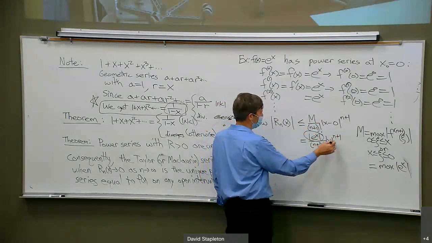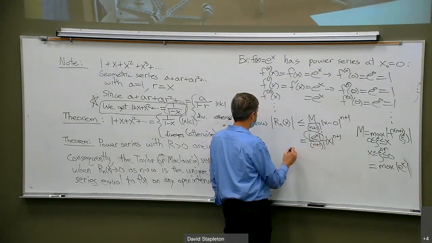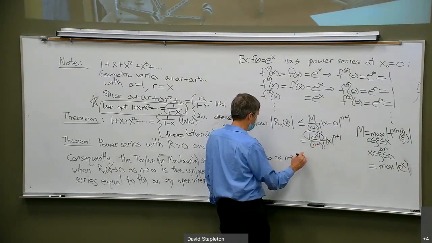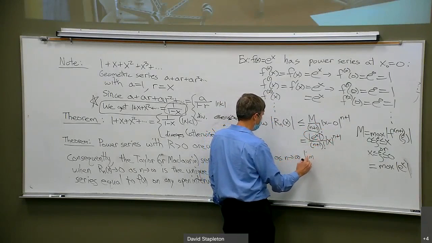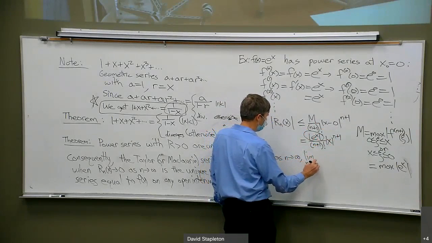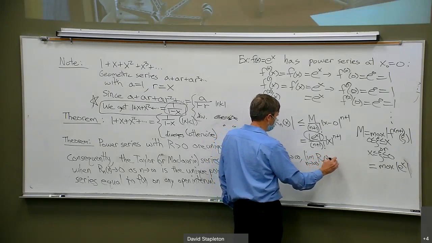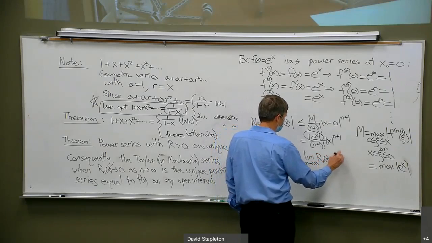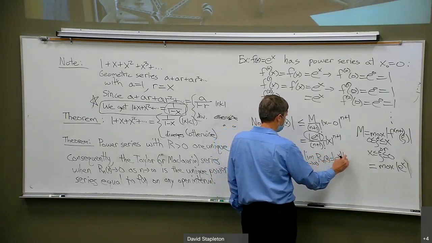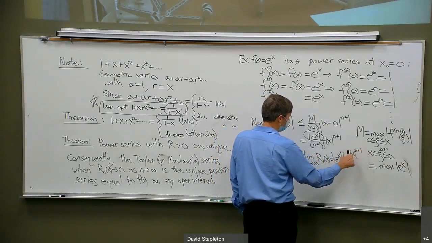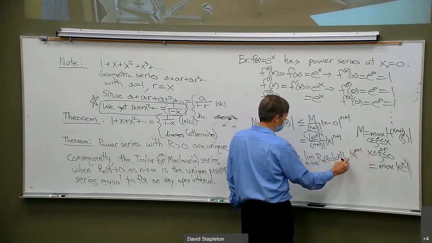Now this is fixed. This is constant for a given fixed x. And so is this. And so what we have is, as n goes to infinity, the limit of Rn of x is e to the x comes out because it's a constant, times the limit of x to the n plus 1 over n plus 1 factorial. x is a constant here because we're letting n go to infinity.